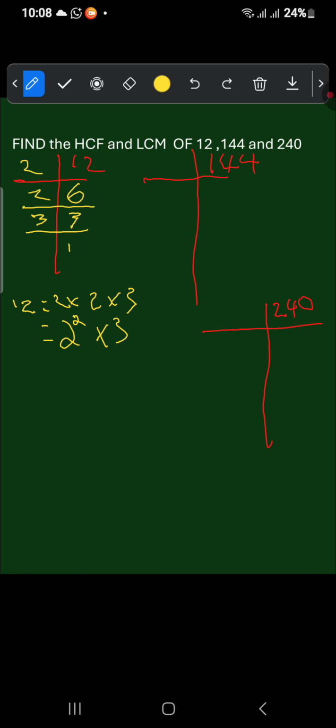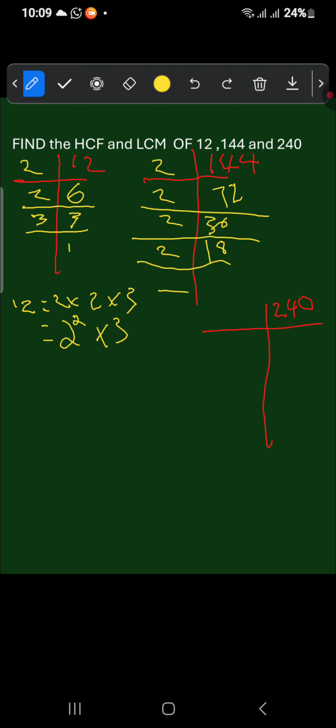Now 144, a number that can go into 144: 2 goes 72 times. Again it goes 36 times. Then it's 18, 2 can go into 18, then 9 times, then 3 can go there, it goes 3 times. Then the number that can go into 3 is 3 again.